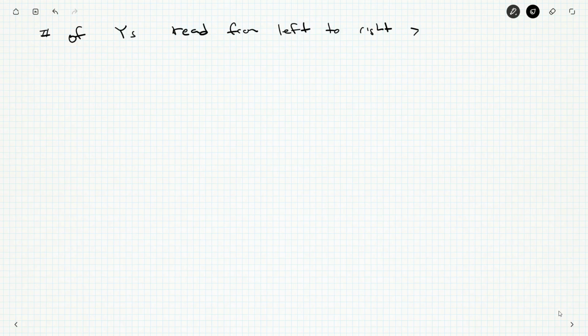So I think the number of Y's read from left to right must always be greater than or equal to the number of X's. I don't think I'm expressing this right.